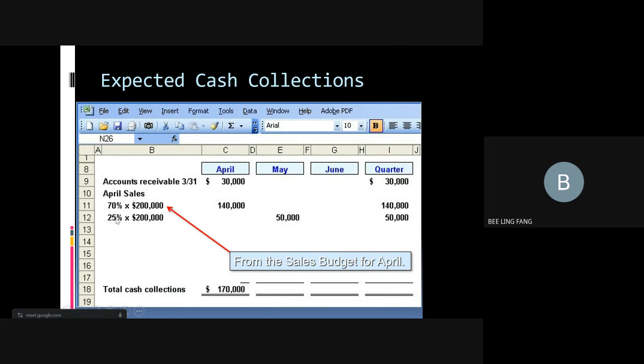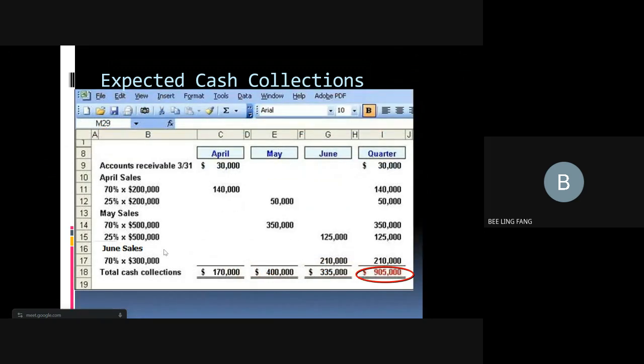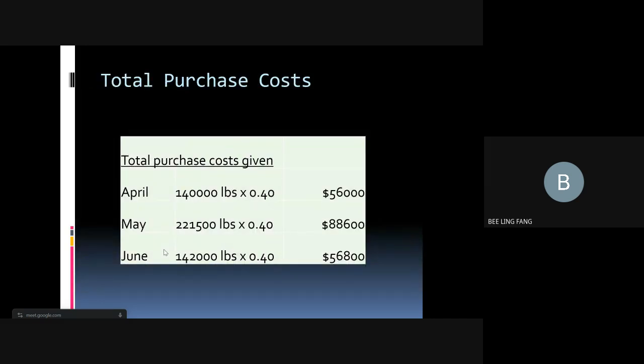So the following month, 25%, 25% times 200,000. So for May, you just continue accordingly, right? This slide I also attach, okay? So you can refer here on how to calculate for this kind of question.